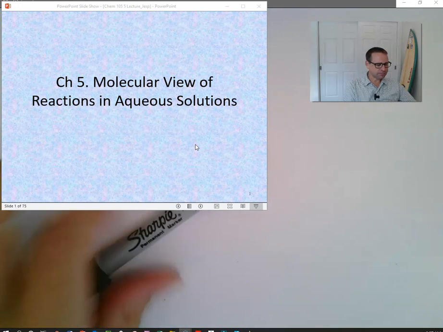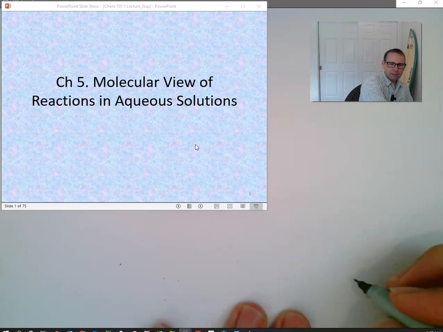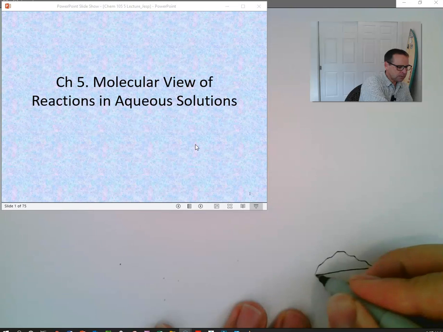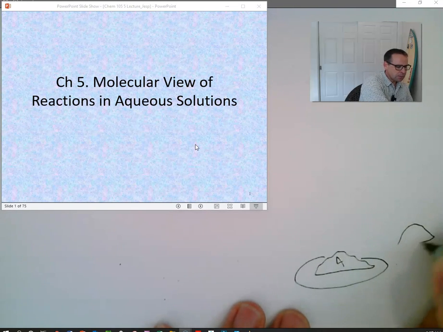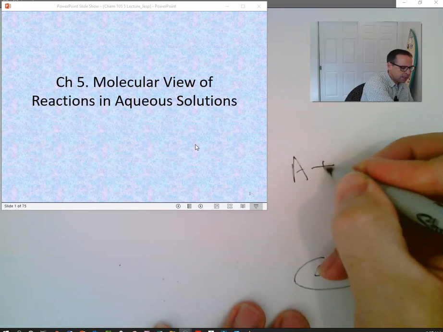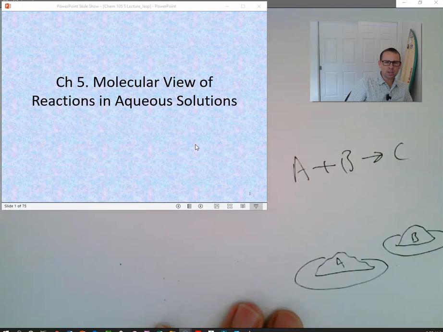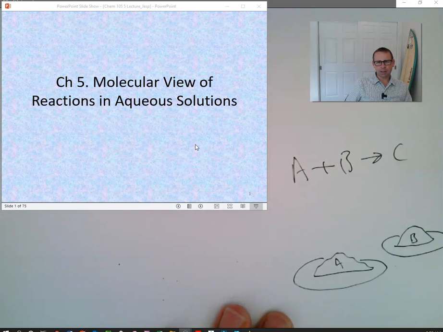Now, if I have a pile of stuff, here it is, ready? Here's my pile of stuff. There's chemical A. And here's another pile of stuff. It's chemical B. And I'm hoping that I can get A and B to react to form something new, all right?